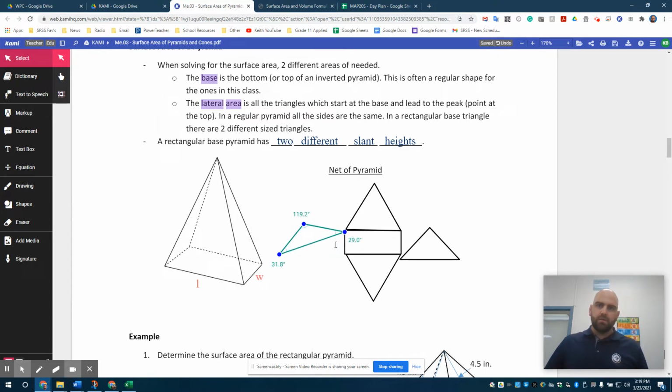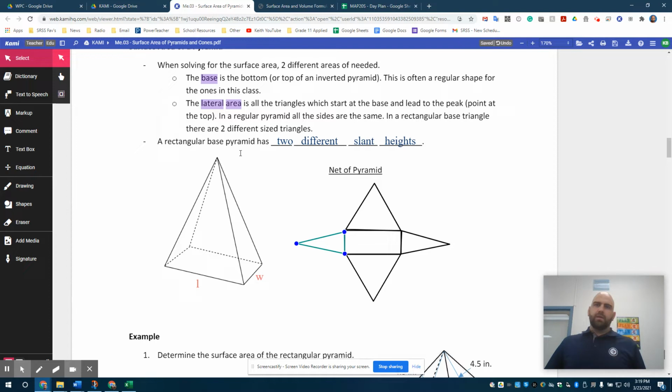All right, so here's going to be one of our triangles right there, and our other one is going to look like this. All right, the joys of using technology.